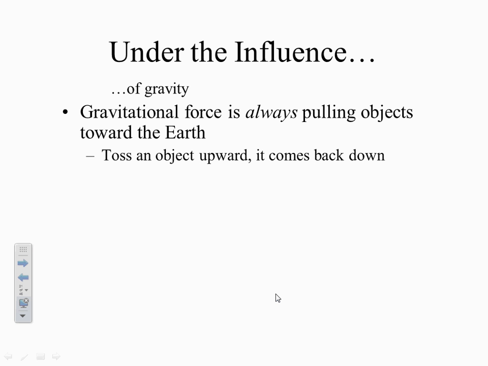It comes back down because of the acceleration due to gravity, due to the Earth's gravitational field. You ever toss a ball up in the air? What happens? It comes back, yes. You toss it up higher, it's still going to come back down. You would have to toss it really, really fast in order for it to not come back down.